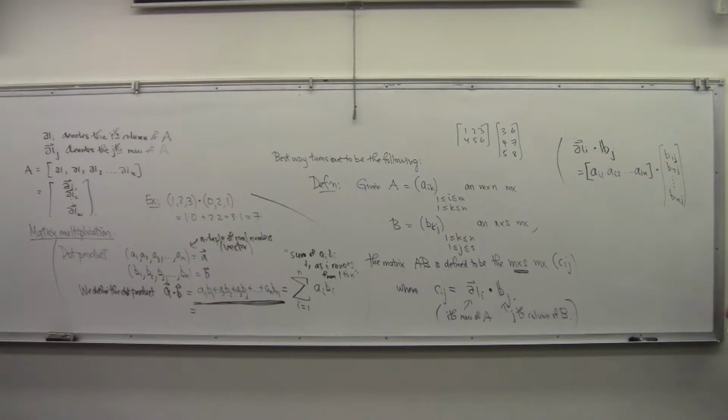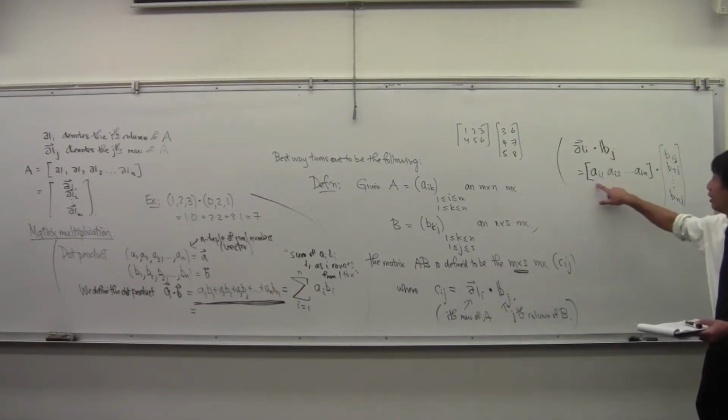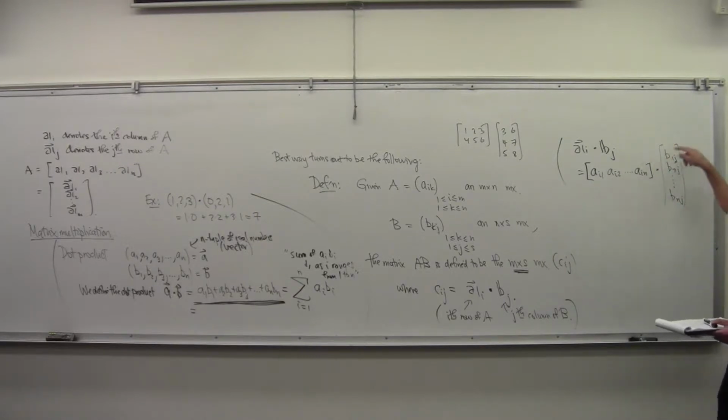Yeah, Lizzie. This might be a silly question, but is there any significance to both matrix A and matrix B having n in them? Well, if they didn't have n, then you'd have a vector of one length and a vector of a different length, and you wouldn't be able to take the dot product. It wouldn't make any sense.